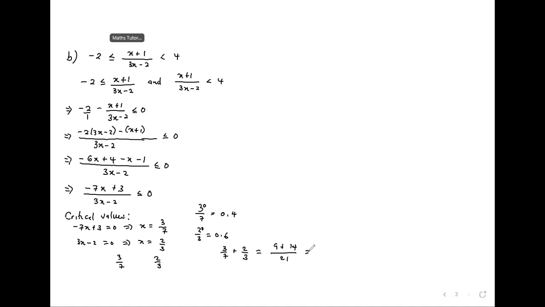So we get 14 plus 9, 23, over 21. Okay, then we divide it by 2, which is the same as multiplying it by half, so that we get 23 over 42. So 23 over 42. It's a middle number.